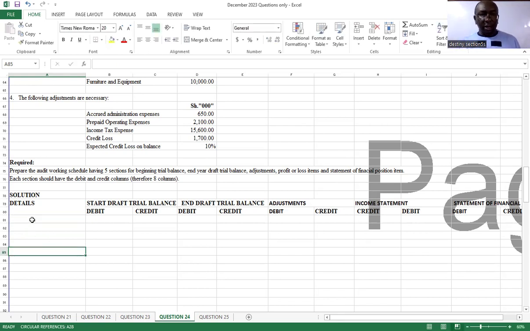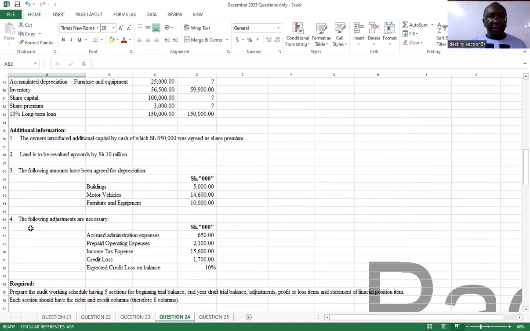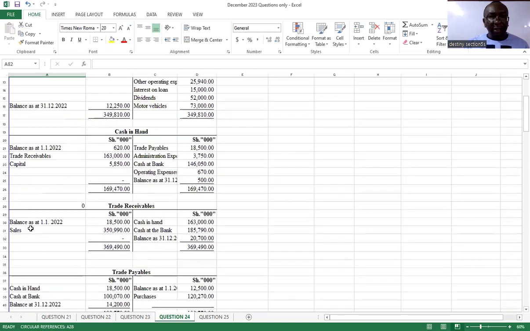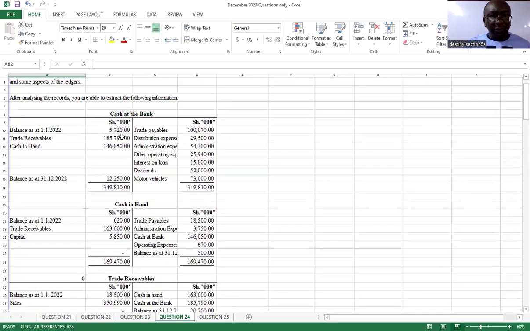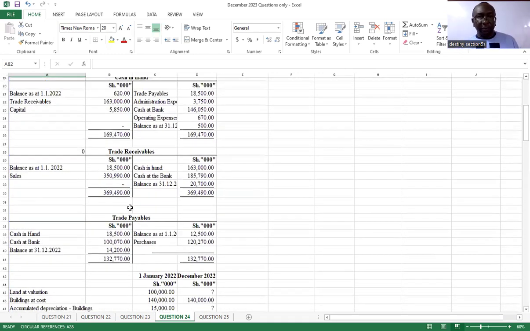I think let's just call it bank balance. Bank balance. Now, bank balance at the beginning, it is 5720, and at the end, we can first of all do the beginning.